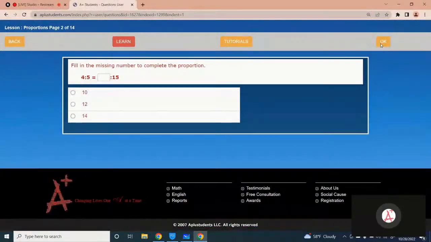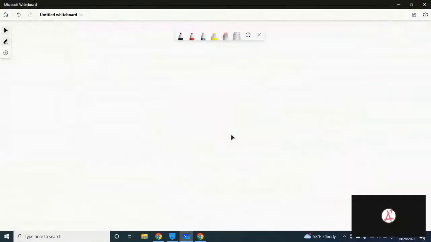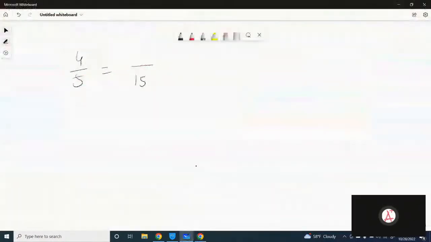Okay, the next one is 4 ratio 5, the missing number ratio 15. 4 over 5 and the missing number over 15. Let me just confirm it's the same one. Yes. Okay, so 5 times what number makes 15? 5 times 3 makes 15.